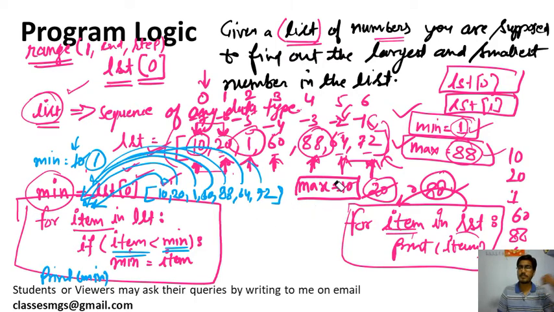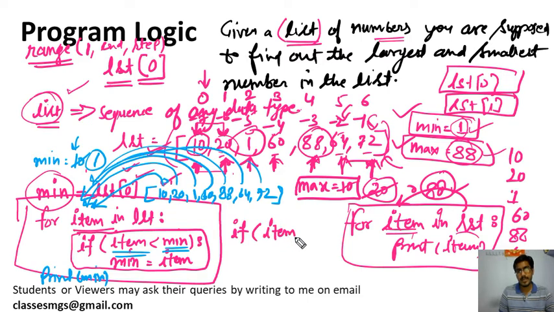After this if condition, I am going to write one more if condition that will check if the item is greater than max. If the item that we are traversing is greater than max, then we update the max value with this particular item.